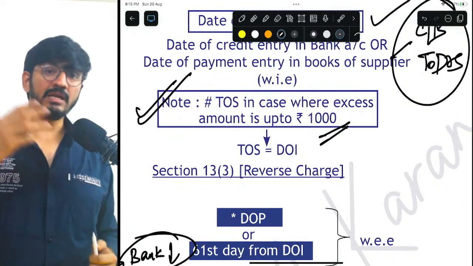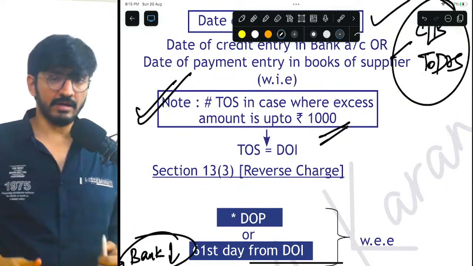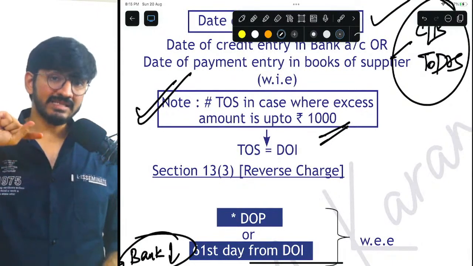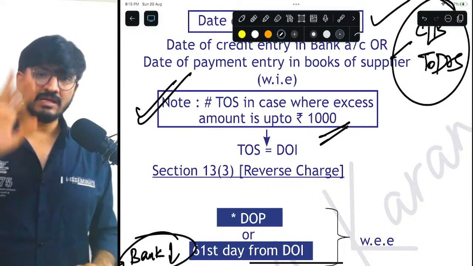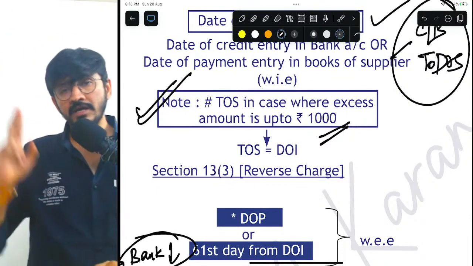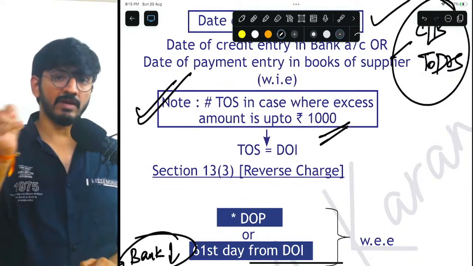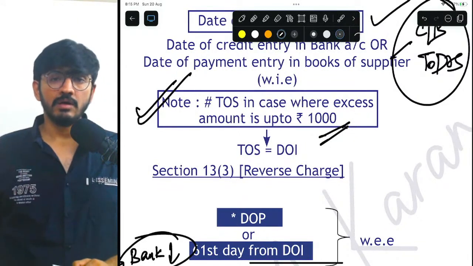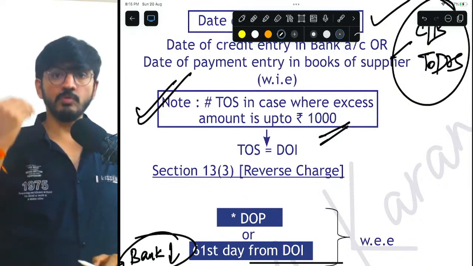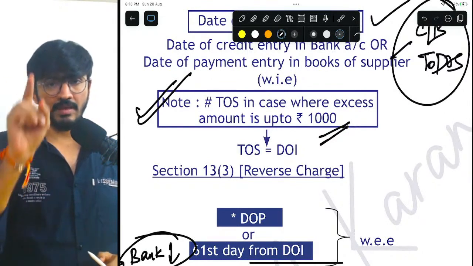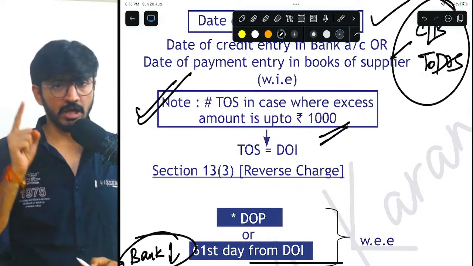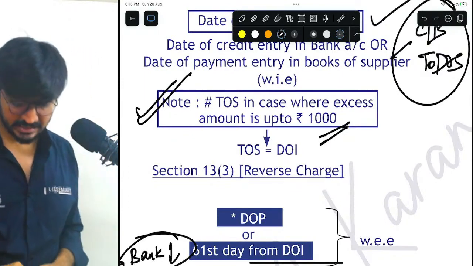If you made the payment, let's say for example 3500, end of discussion, the excess payment is 1500, which is more than 1000, and in that case the normal clause of DOI or DOP, whichever is earlier, will apply. But only when the invoice is raised up to 1000. Understand, only invoice will be issued, and that is what will make sense. Got it? Yes. Okay.